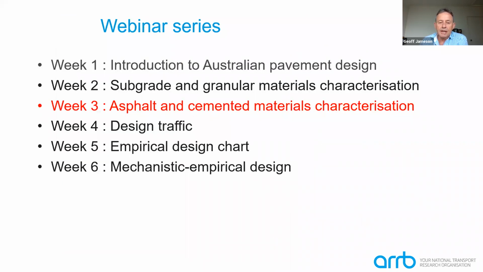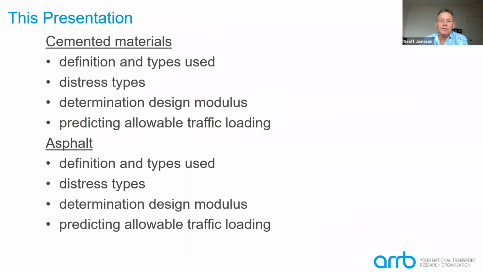So today it's asphalt and cemented materials. In the presentation I'll first go through, in terms of cemented materials, the definition of cemented materials and the types of materials that are used, the distress types, how we calculate a design modulus for use in our mechanistic empirical design process, and then how we estimate the allowable traffic loading of a pavement.